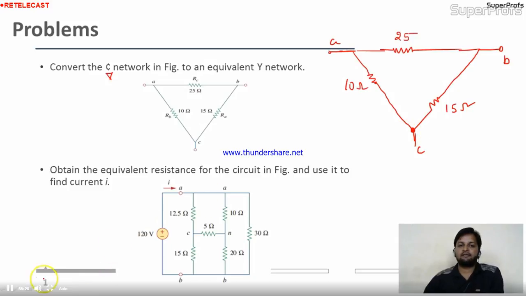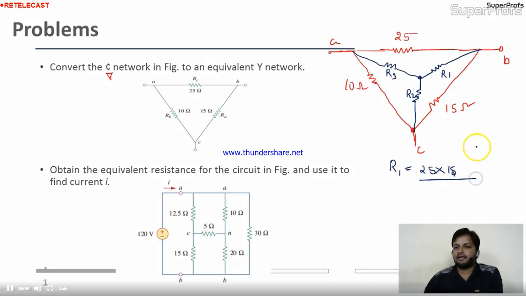The term I am saying, equivalent star, means the value is not changed. The circuitry is changed, but the effect of this conversion on the circuit is 0. So this is star. Suppose this is R1. Take this R2. Take this R3. The value of R1 is 25 into 15.